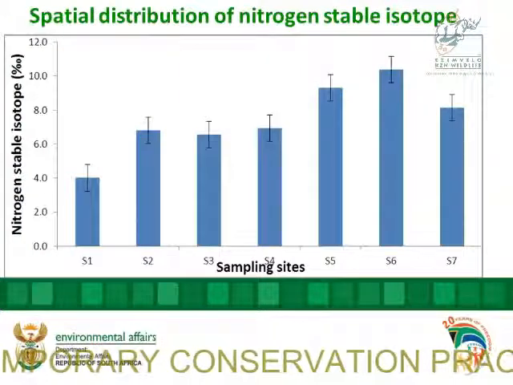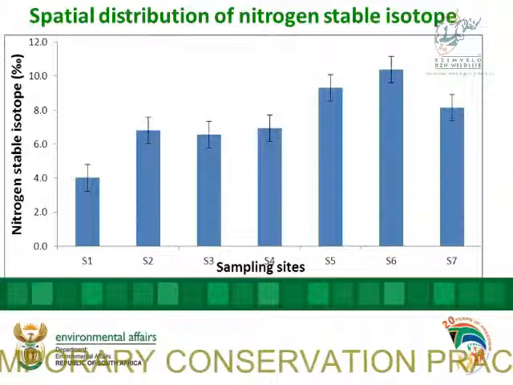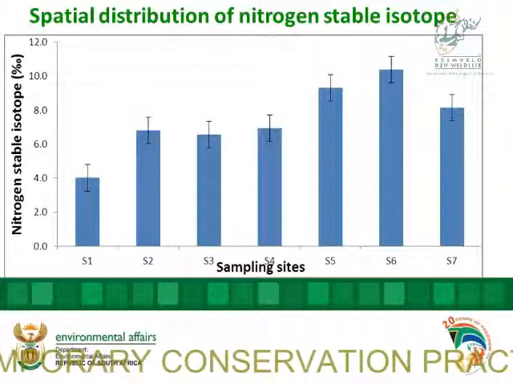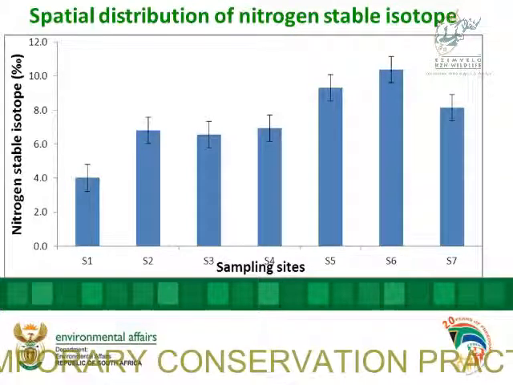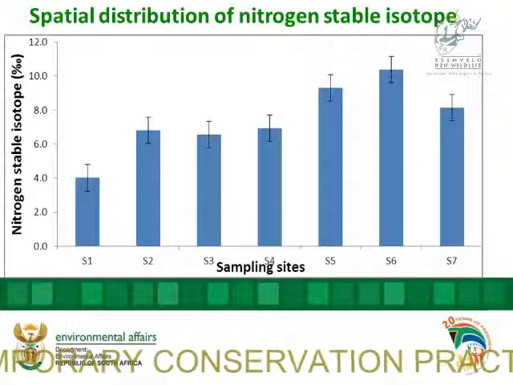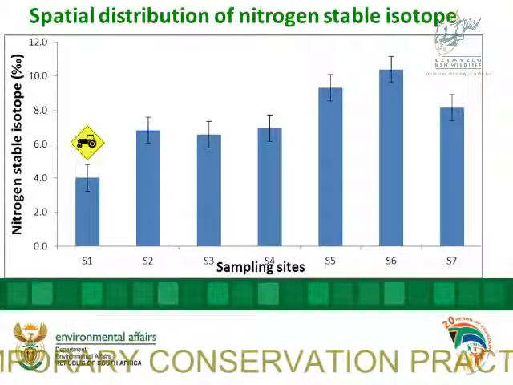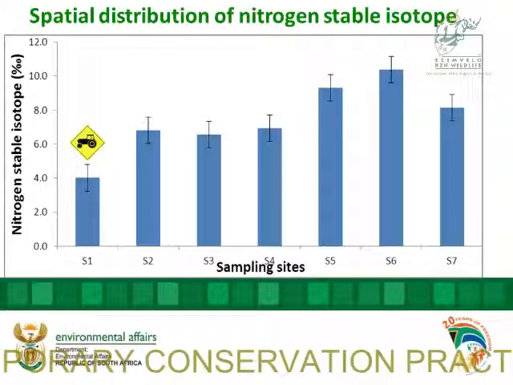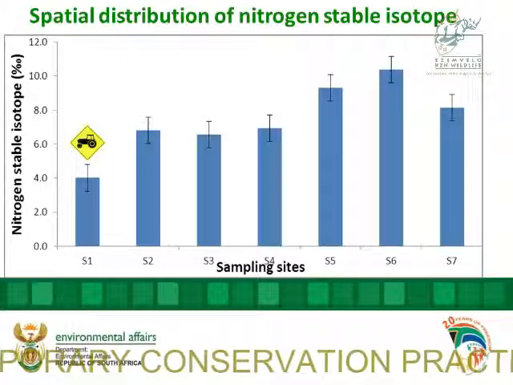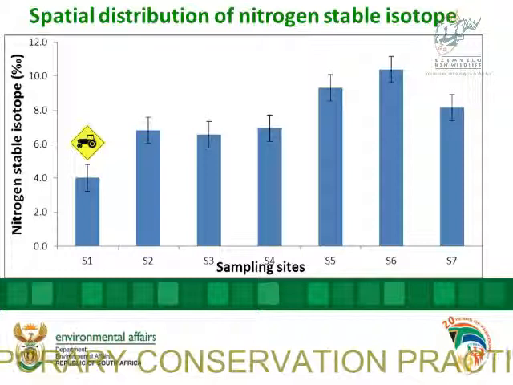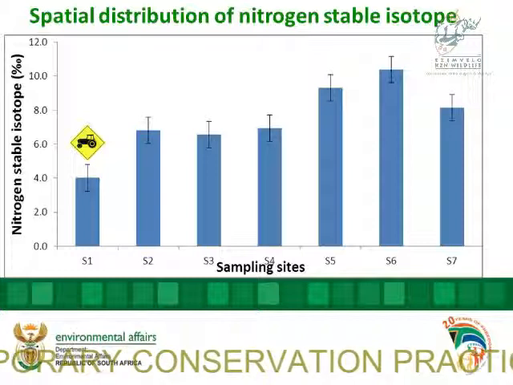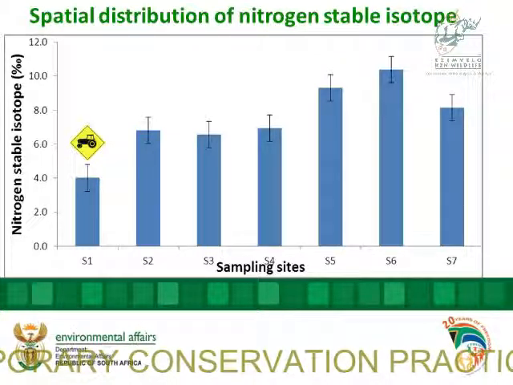Good people of the world, what we got is that in the upper reaches, the signatures were lower than 3 parts per thousand. And the dominant land use there was agriculture. This indicated that the nutrients were from detritus from the tree plantation in that area.